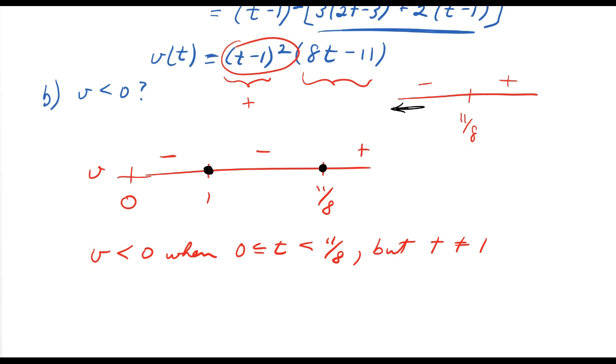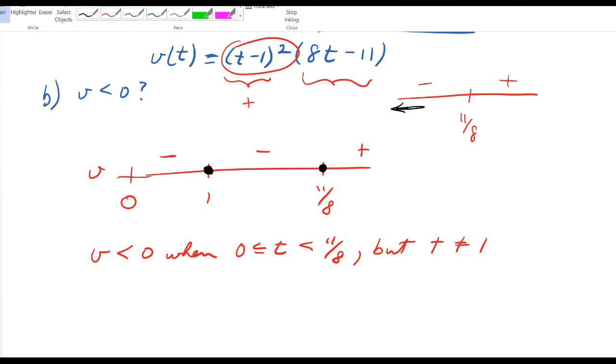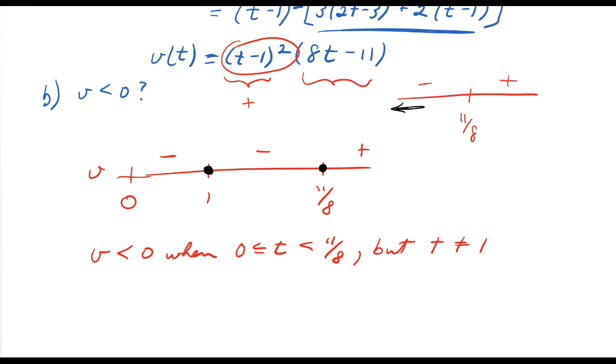Now let's take a moment to think about this and see if we got all of our inequalities right. I'm thinking that maybe this one may not be right. Let's think about that. Well, what do you guys think? Did you conclude, as I just did, that this is in fact correct? Remember, we were looking for when the velocity was less than 0, the times going from time greater than or equal to 0.